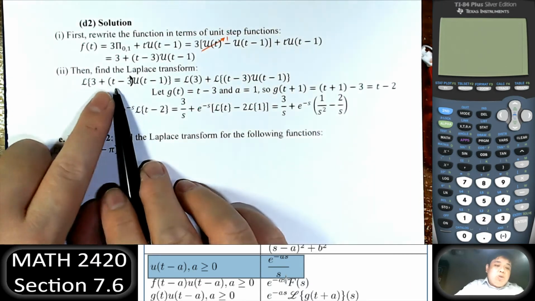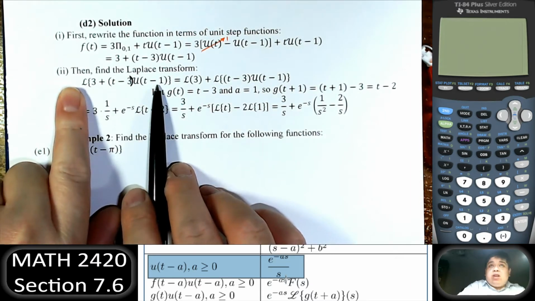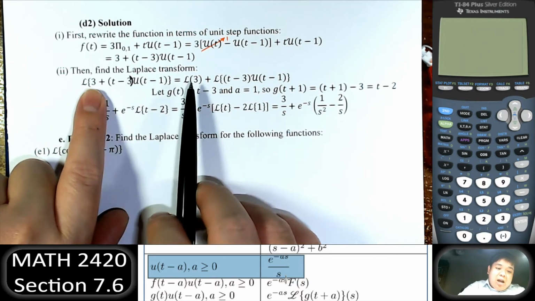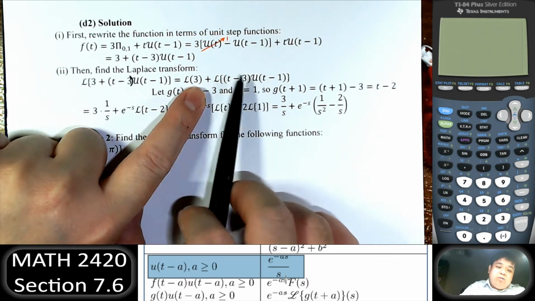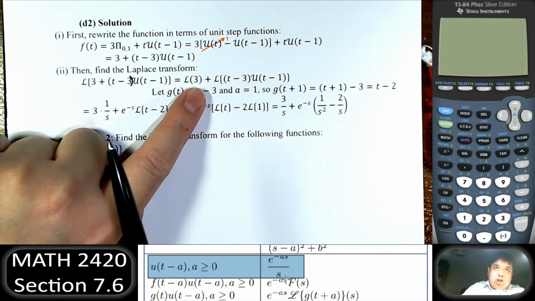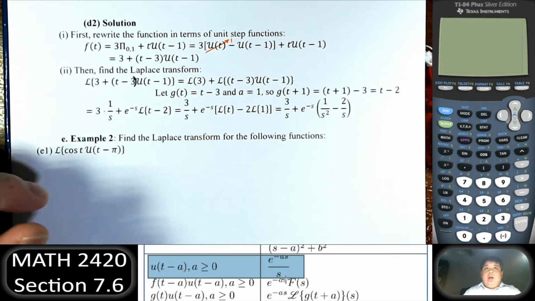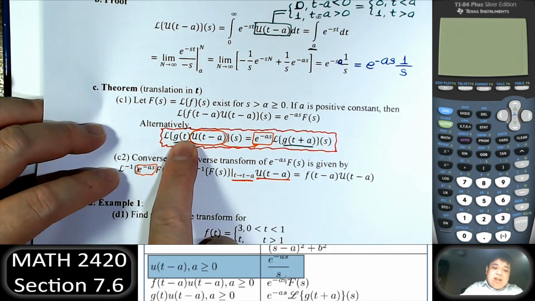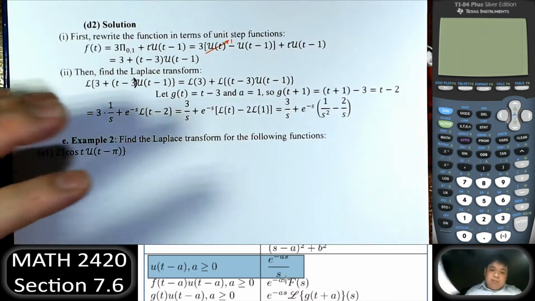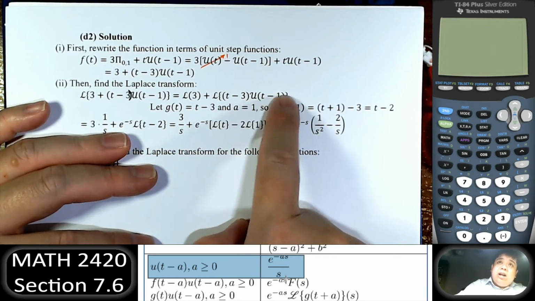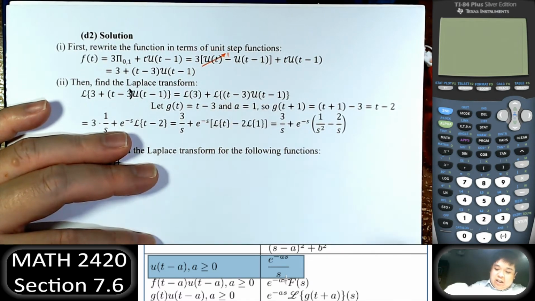Right. First, we split this in two because the Laplace transform is linear, so we can split it into the Laplace transform of 3 and the Laplace transform of this. So now remember, we will use the alternative form, and so we have to write g of t instead. So when we have this, we have the unit step function of t minus 1 and then t minus 3.